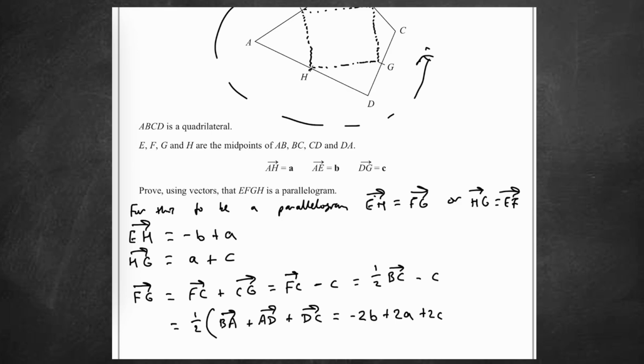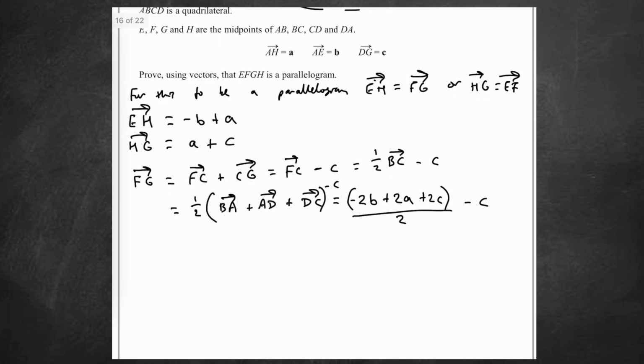I'm aware I've sort of messed up my formula here, so I'm going to just correct this a second, because it's not strictly true what I've written. So we're going to just do minus C up here. And we'll rearrange this to say over 2 minus C. So let's get rid of this over 2.